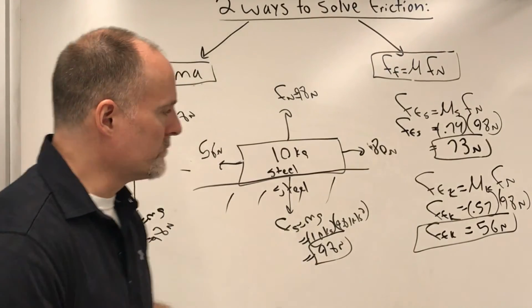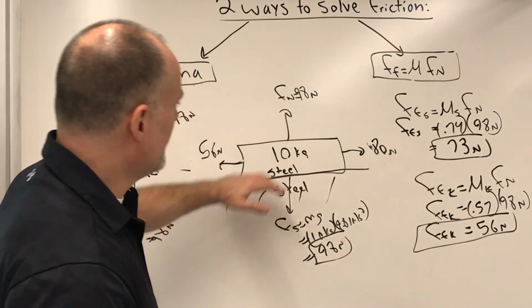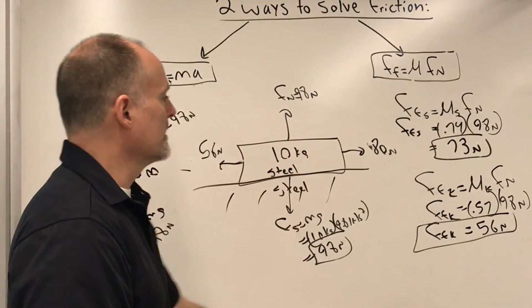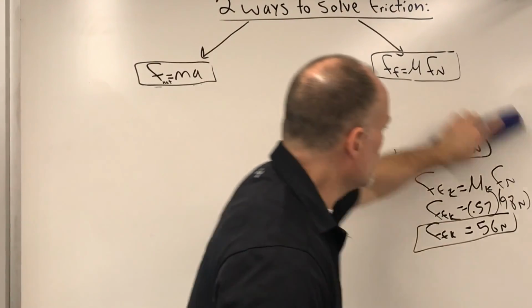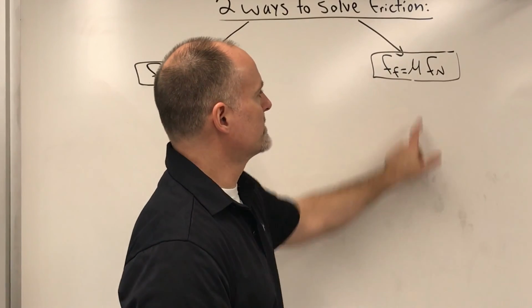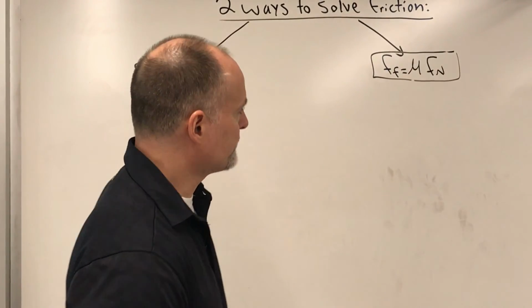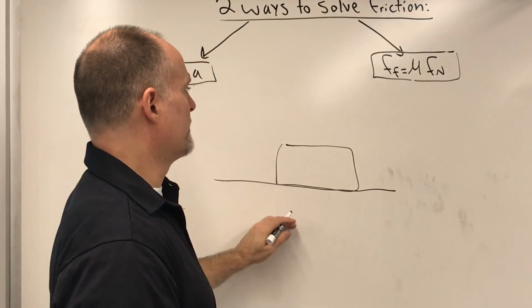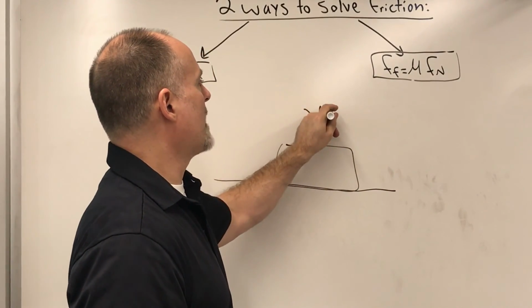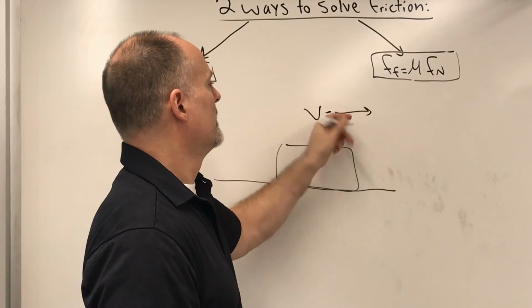Okay? One more thing is, what if we want to calculate the coefficient of friction in a situation? Well, we know that the coefficient of friction is this. Okay? So say I have a block resting on a surface and it's moving to the right, right?